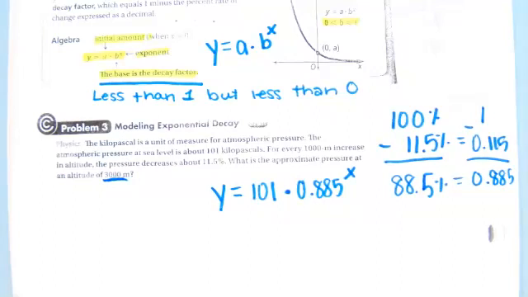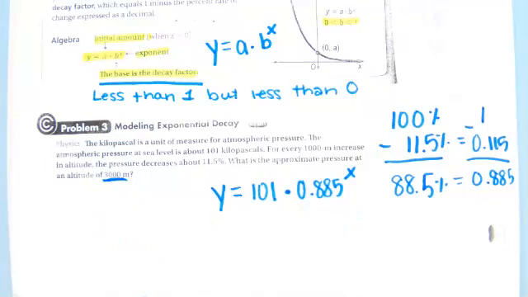There's two ways. First of all, you've got to read this. It says for every 1,000 meter increase in altitude, the pressure decreases 11.5%. So what is the approximate pressure? Is meters going to be our x value or our y value?